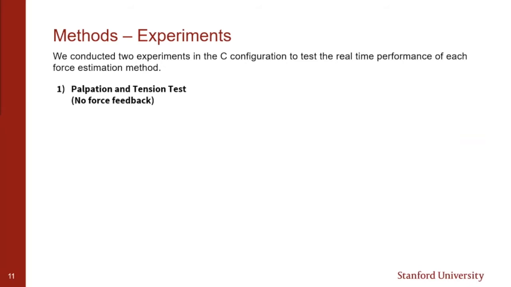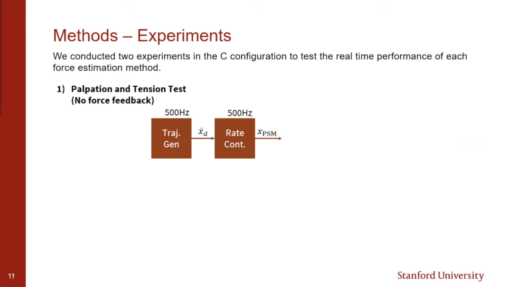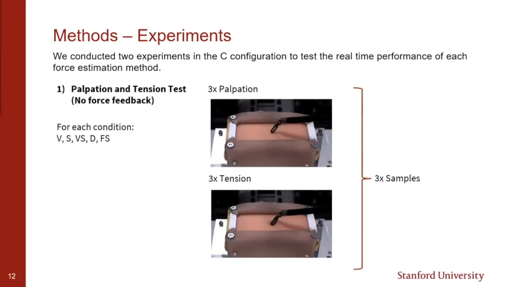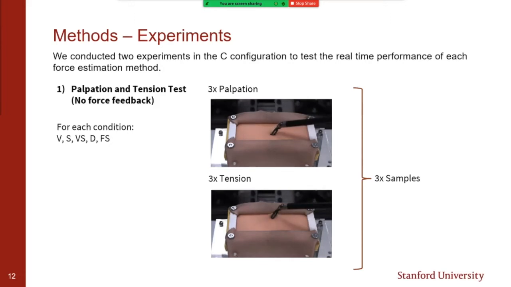We created a minimum jerk trajectory generator to provide the desired velocity, and then we rate controlled our dVRK to track the velocity profile and interact with the mock tissue, and used the force estimators, with the force sensor FS as the ground truth, to get our force estimate. We did this for the 5 conditions, 3 times in palpation and 3 times in tension, over 3 samples each.